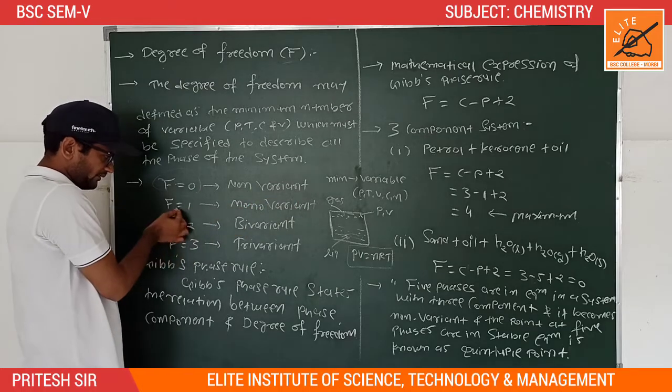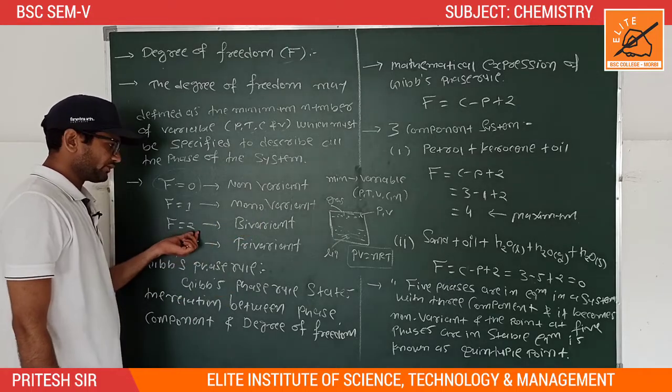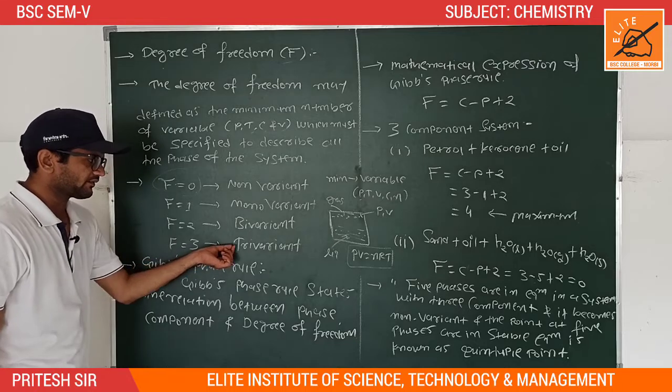Suppose the value of F is equal to 1, it is monovariant. F is equal to 2, it is bivariant. F is equal to 3, it is trivariant.